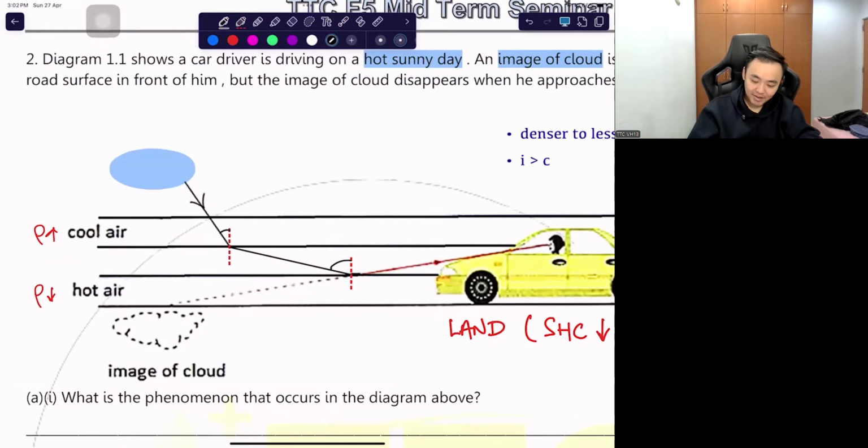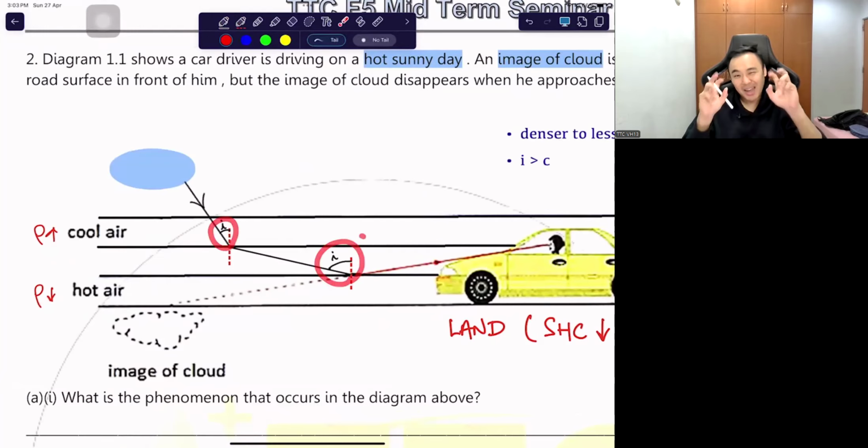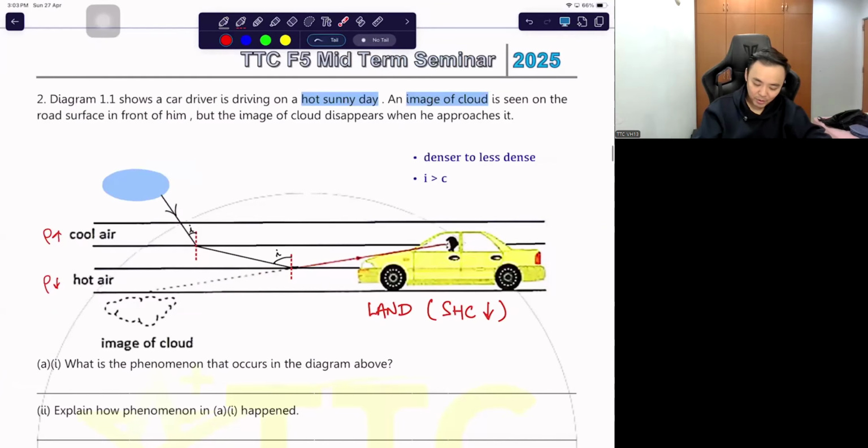Compare here. The incident angle has become larger compared to this one. Once the incident angle is bigger than critical, notice what happens. Your light ray supposedly should keep bending away, but instead of bending away, now you have total internal reflection. This one, in exams, a lot of people don't know.